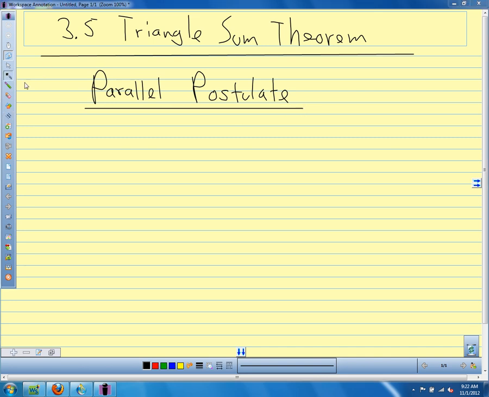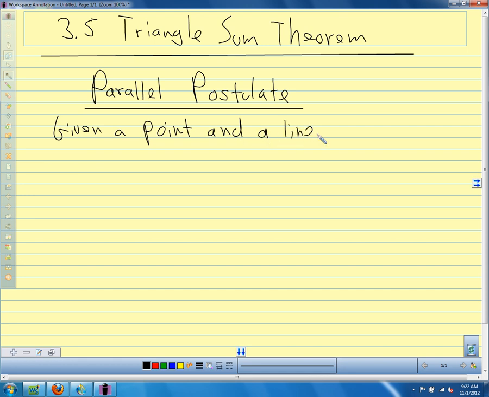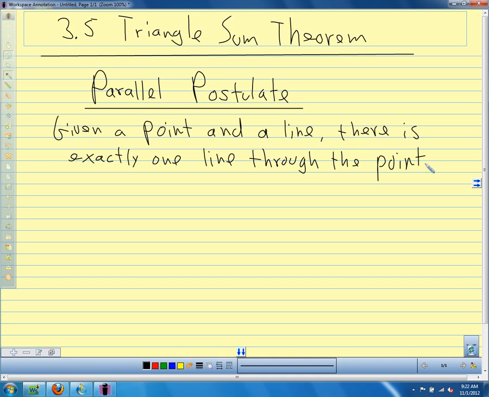So the parallel postulate tells us that if we're given a point and a line, there is exactly one line through the point parallel to the line.